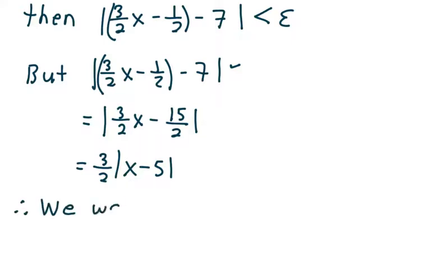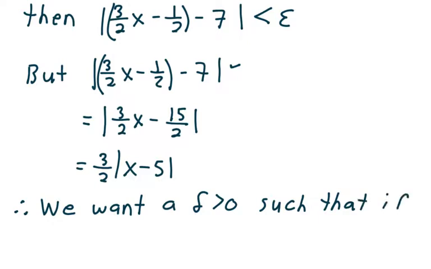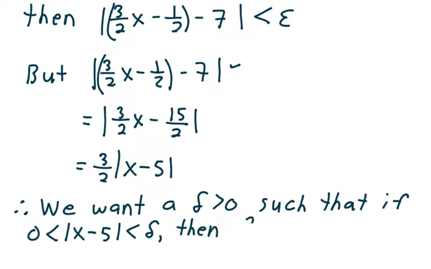We want a delta greater than 0 such that if 0 is less than the absolute value of x minus 5, which is less than delta, then 3 halves times x minus 5 is less than epsilon.